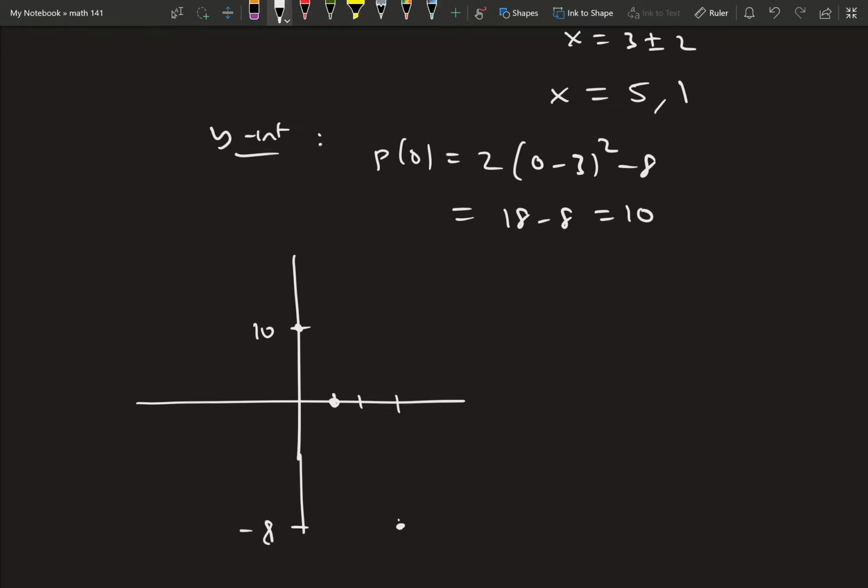We have x-intercepts at 1 and 5. So we're going to get something like, sorry, the picture wasn't the most optimal drawing. Let's try that one more time here. It's obviously not to scale. Okay, something like that.